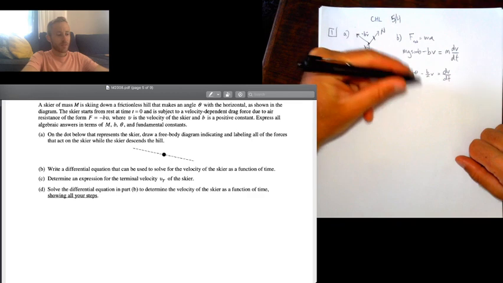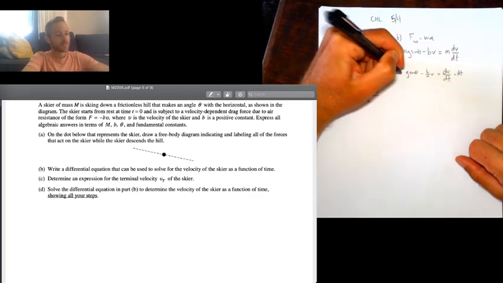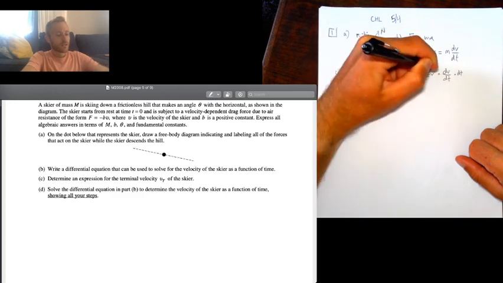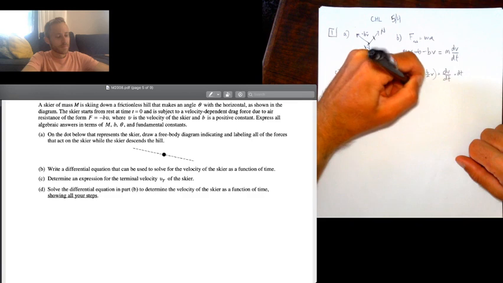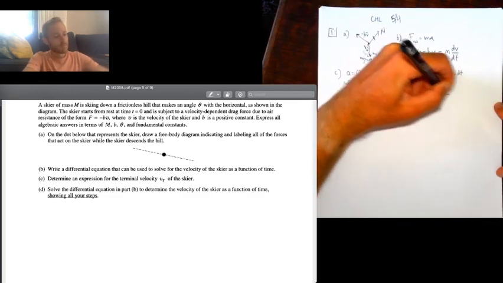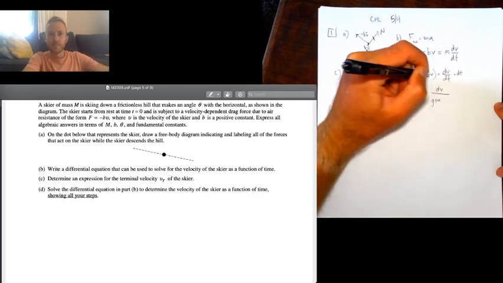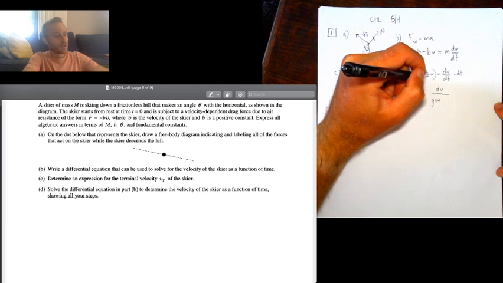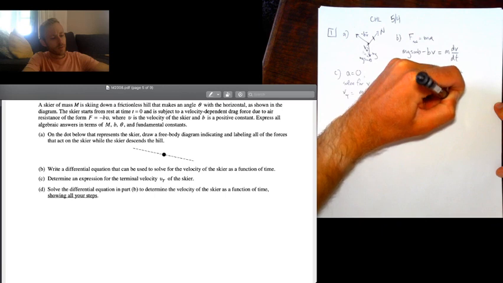Then I'm going to separate variables, so I'll multiply both sides by dt, and I'll divide both sides by this thing, so I get dt equals dv over g sine theta minus b over m v.